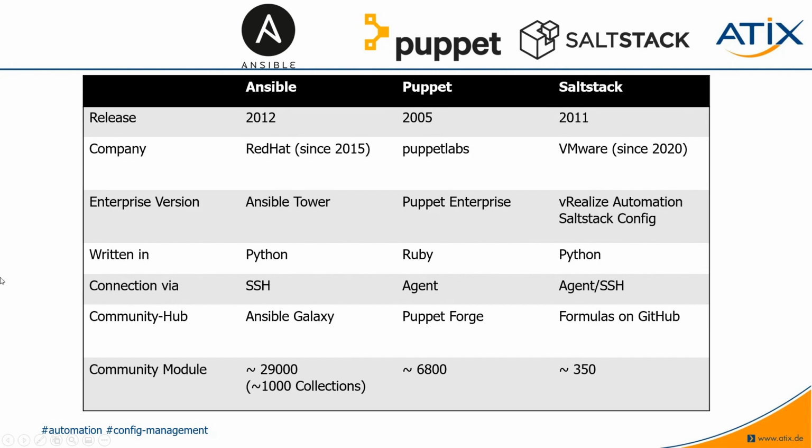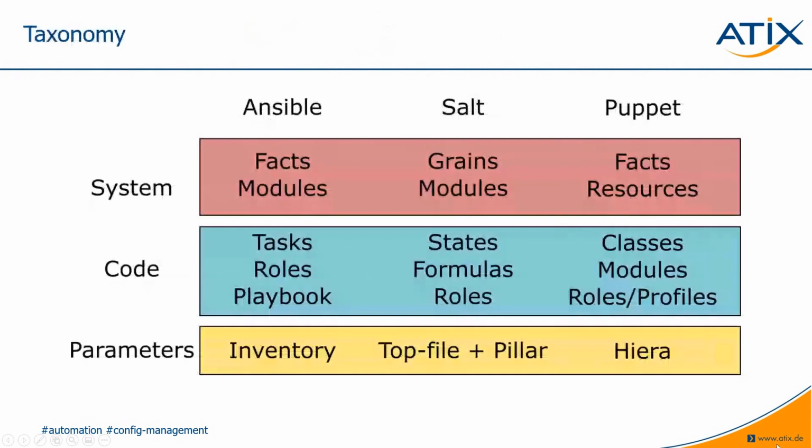And the other thing is that those tools have their own naming scheme. This is something I always explain for those who are already familiar with one of those tools. They are not exactly the same things for each tool, because there are still some differences.